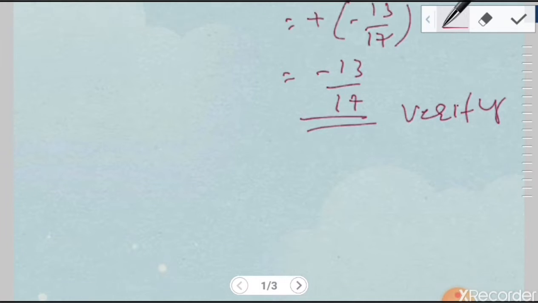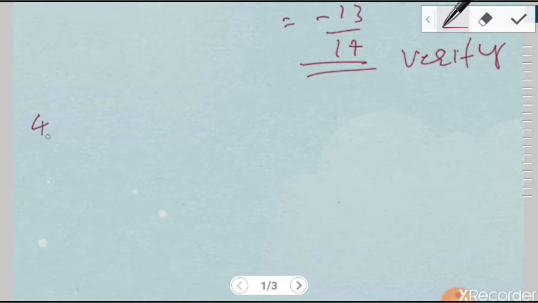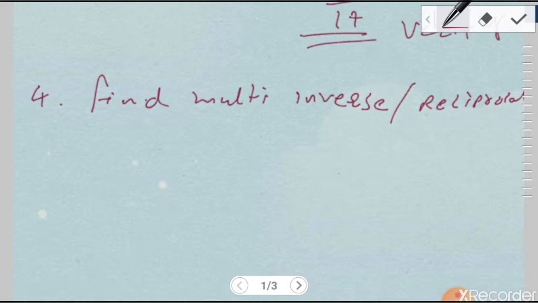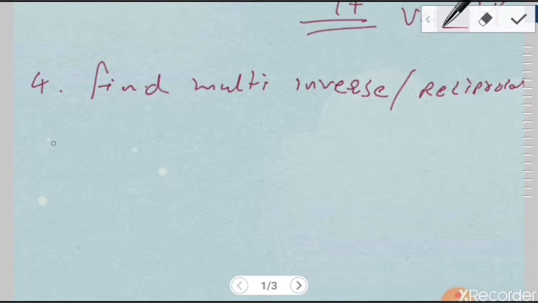Then there is the fourth question: find the multiplicative inverse, or we can say simply the reciprocal. Reciprocal means there should be a numerator and denominator, and we just reciprocate both numbers.